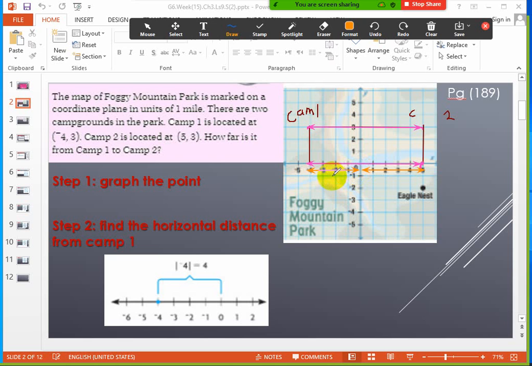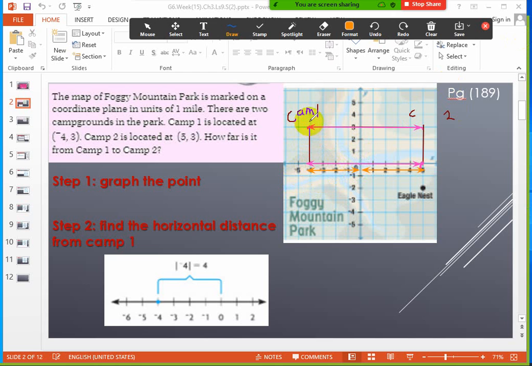There is no negative distance. This will remind you of the absolute value, because the definition of the absolute value is the distance from 0 for the point.